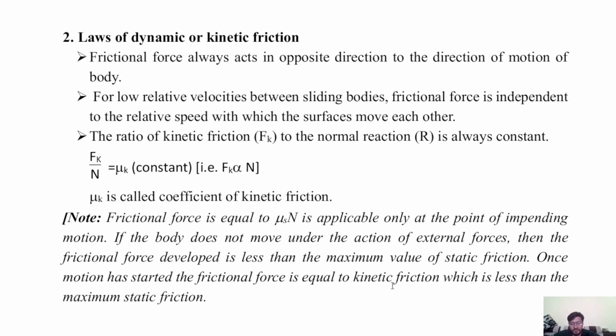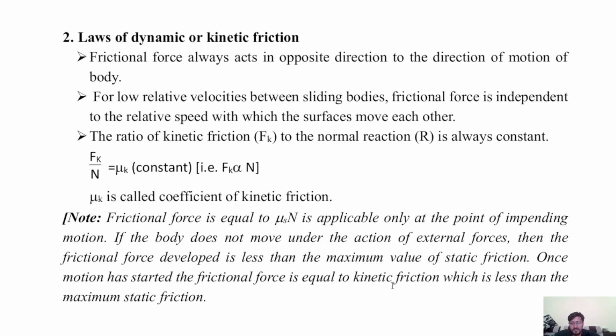The ratio of kinetic friction to the normal reaction is always constant. So Fk by N is equal to mu k, that means constant. Mu k is called the coefficient of kinetic friction.